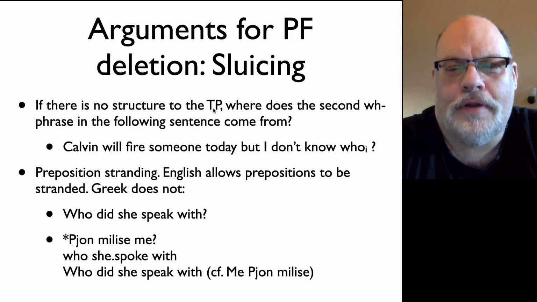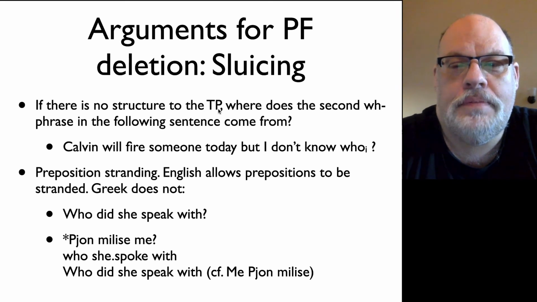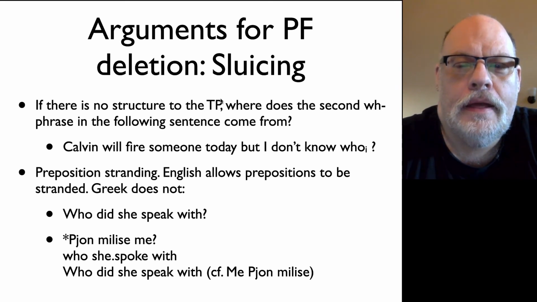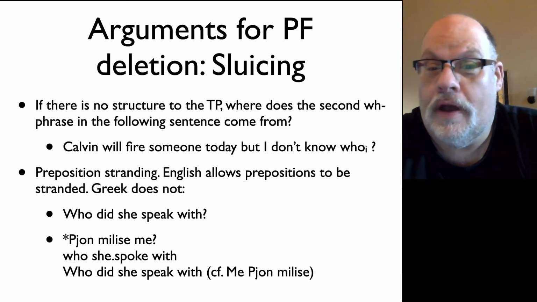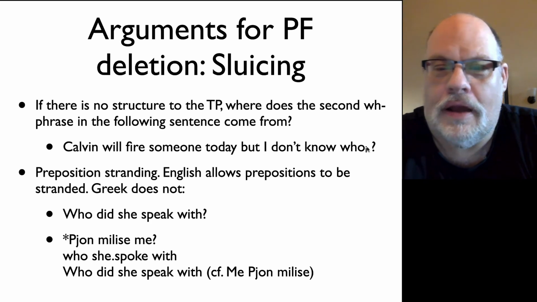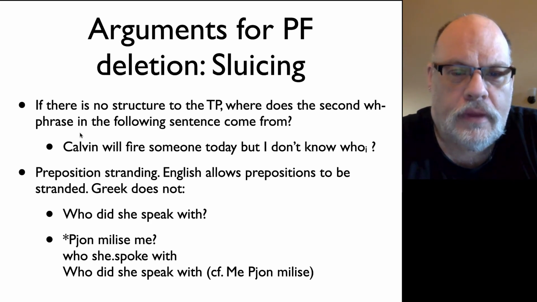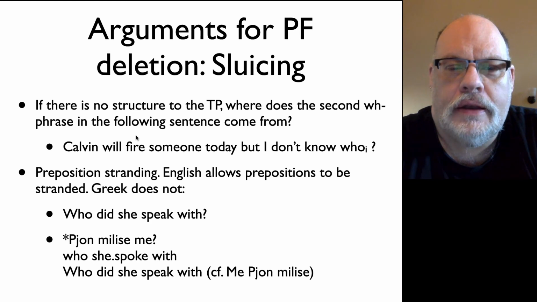But what it amounts to for us is we delete a TP, but when we do this, it usually happens after a WH word. So Calvin will fire someone today, but I don't know who. Calvin will fire someone today, right? Or Calvin will fire today. What we have done is we have done an instance of WH movement, and then we deleted the rest of the clause.